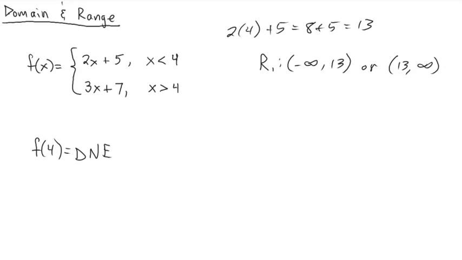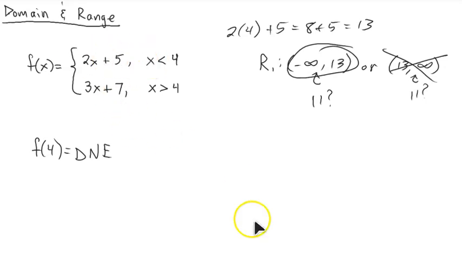If I plug 3 in, 2 times 3 is 6, and 6 plus 5 is 11. Now I have to decide, is 11 in this range or in this range? It's only in one of them. Well, 11 is not between 13 and infinity. 11 is between negative infinity and 13, and therefore this is the range of this piece.